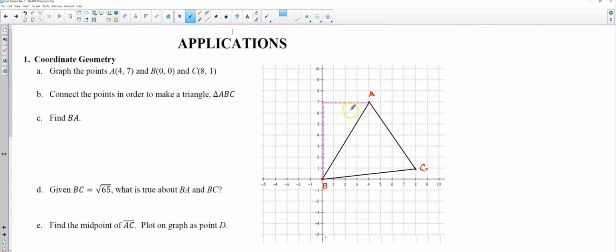Notice I have 4 here. 1, 2, 3, 4. That's 4. Here I have 7 because from 0 to 7.